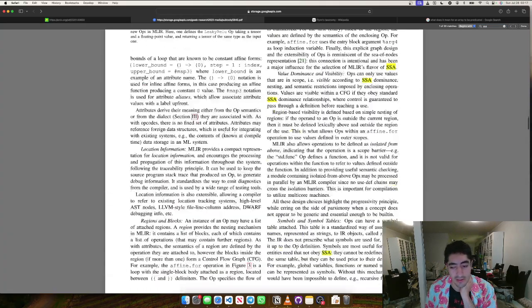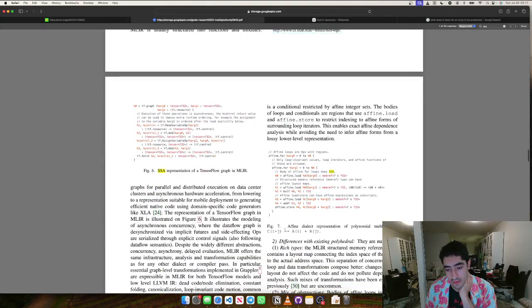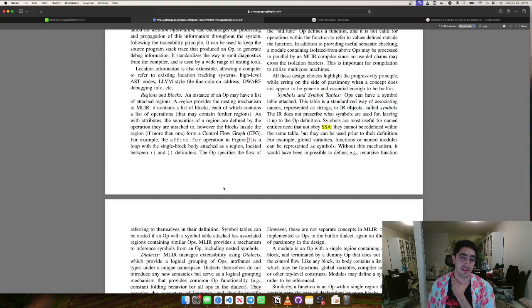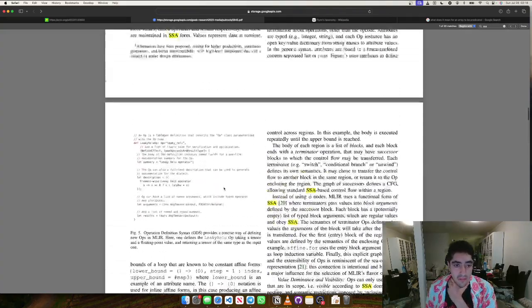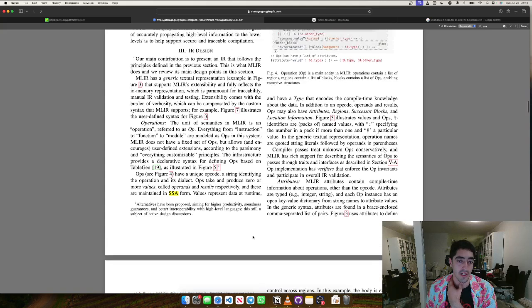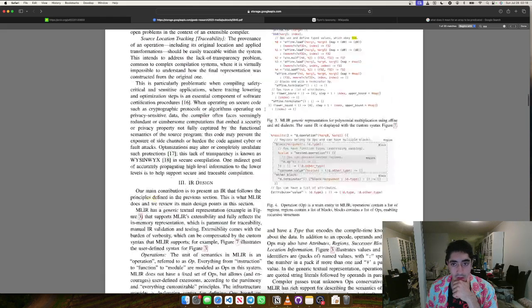And we had the c i plus j, plus equal a i multiplied by b j index. I'm not sure if j is the index, but b was a function because it wasn't the square brackets. Alright, so for example, figure 7 illustrates the user-defined syntax for figure 3.